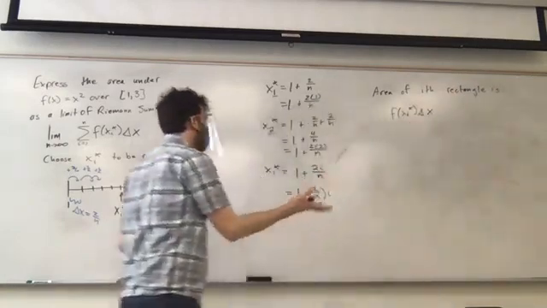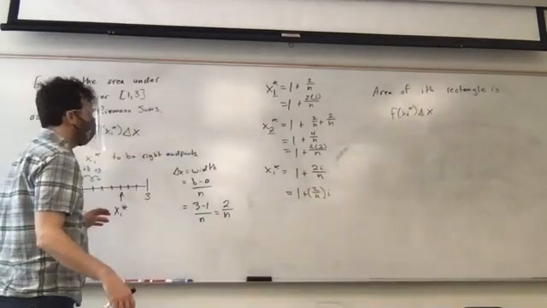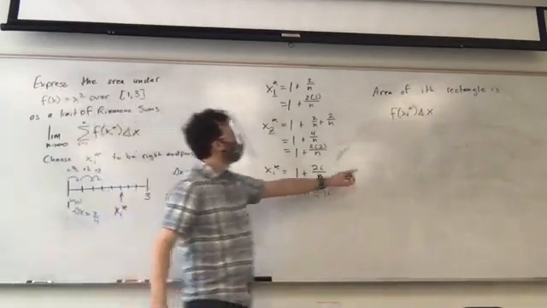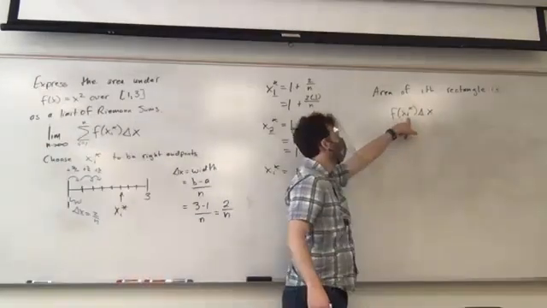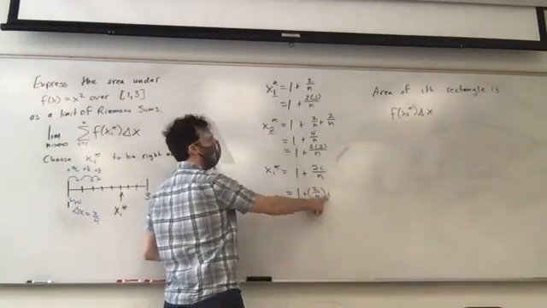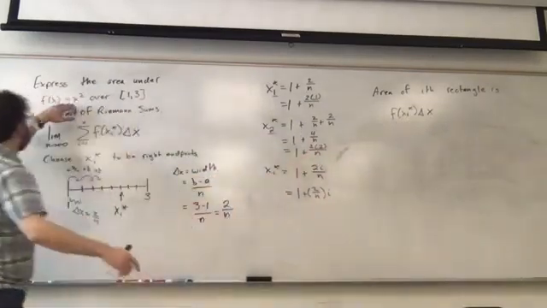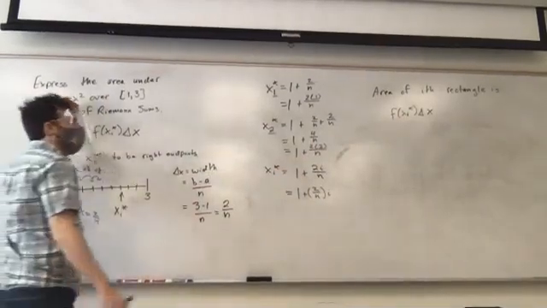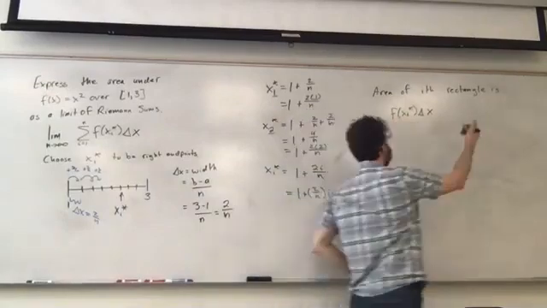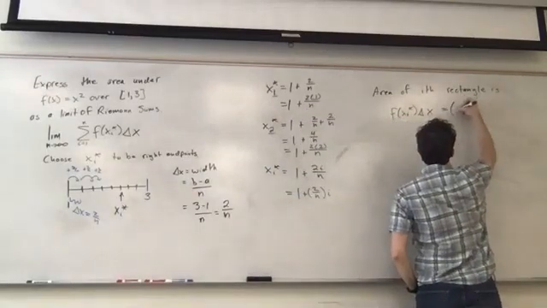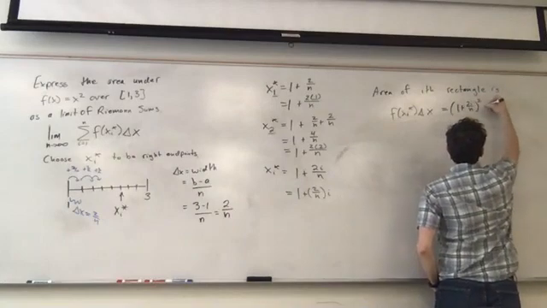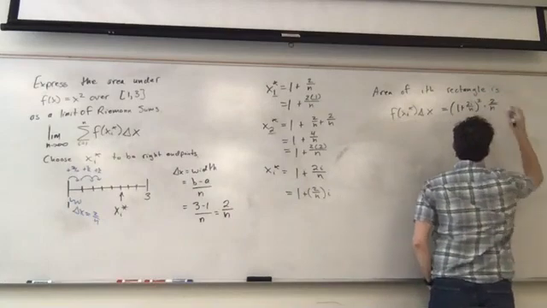This is the general form, but the width, the delta x, is this 2 over n. This point right here, xi star, the ith right endpoint, looks like this. And the f there is saying we're looking at x squared, so we take this point and put it in our x squared function. So this is 1 plus 2i over n, squared, times 2 over n.